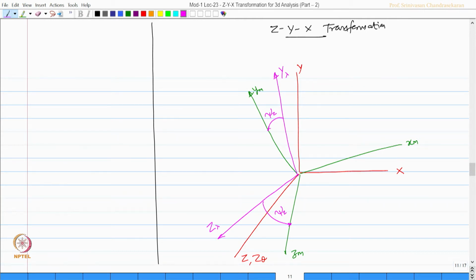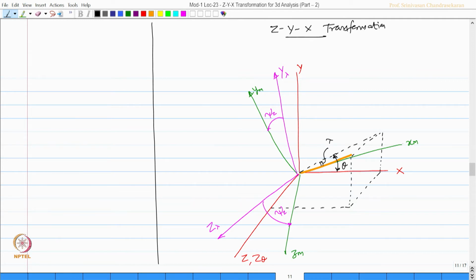If we start viewing this by marking a member with j and k end, the angle between this is actually theta and this angle is lambda.